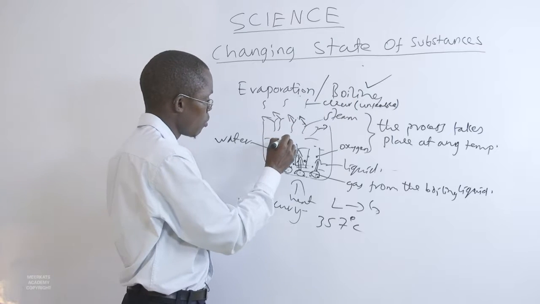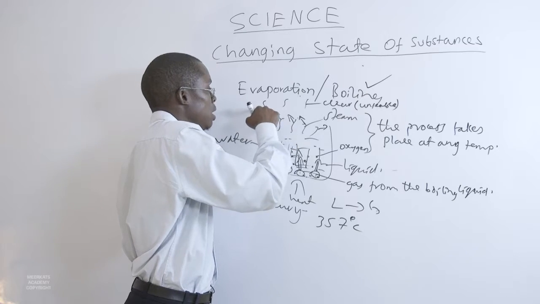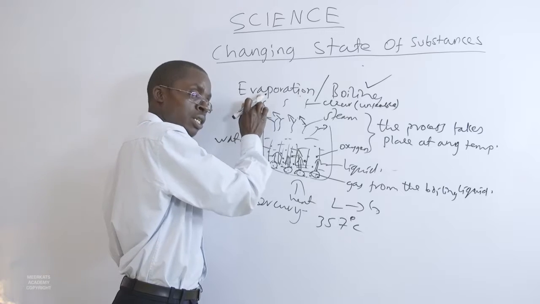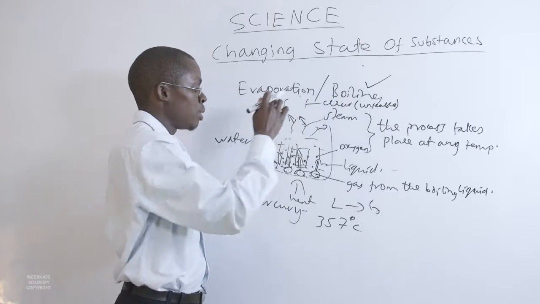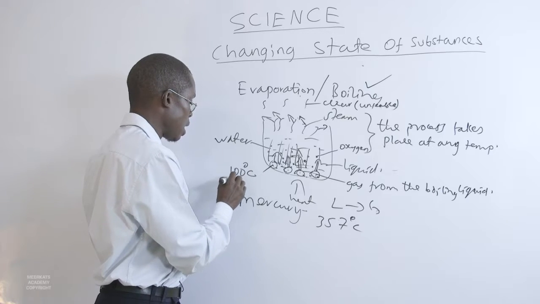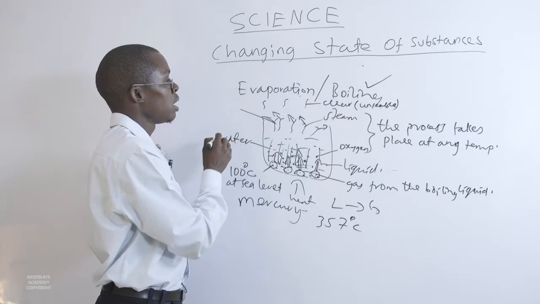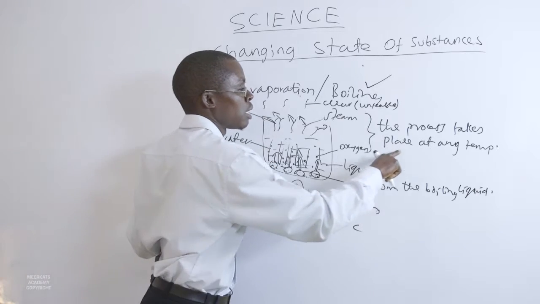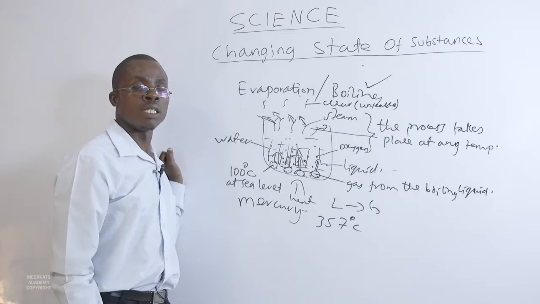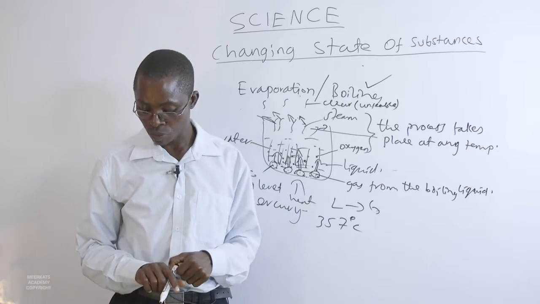But this process of water moving up as steam, then later disappearing into air, is what we call evaporation. Boiling must be done at 100 degrees centigrade at sea level. Evaporation can be done at any temperature. That is the difference between the two.